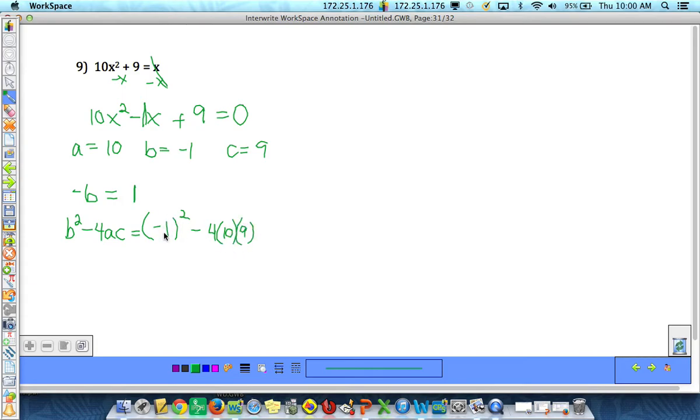So that's like saying positive 1 minus 360, so that will equal negative 359. 2a will equal 2 times 10, or 20.